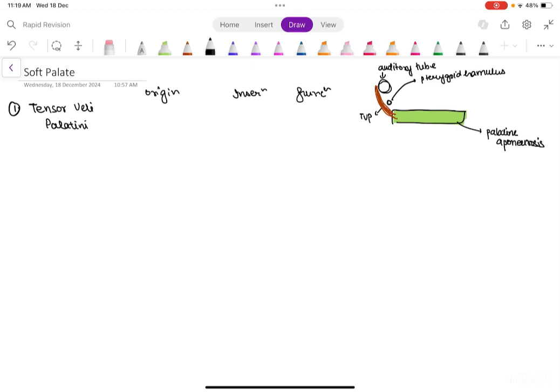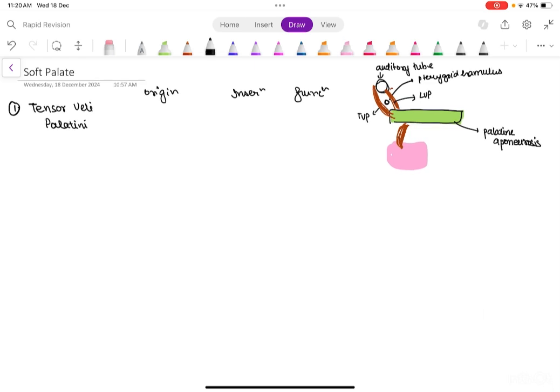Then the second muscle arises from the inferior aspect of the auditory tube, and this muscle is levator veli palatini. Then we have one muscle which is from the inferior aspect of the palatine aponeurosis, and it gets attached to the lateral aspect of the tongue.